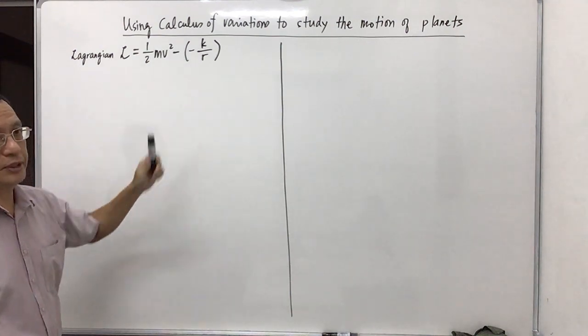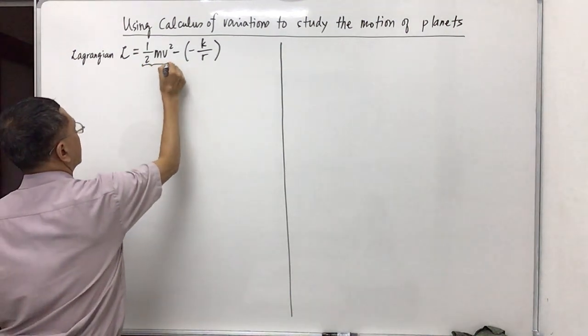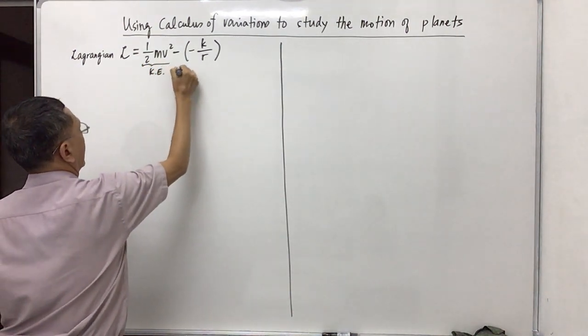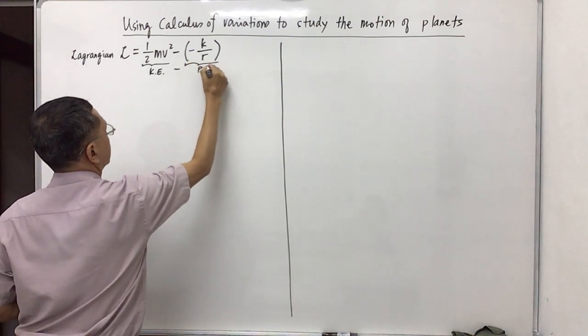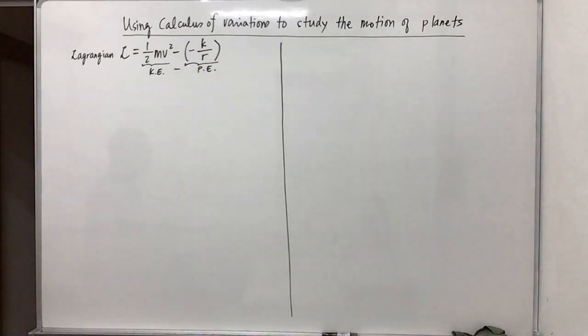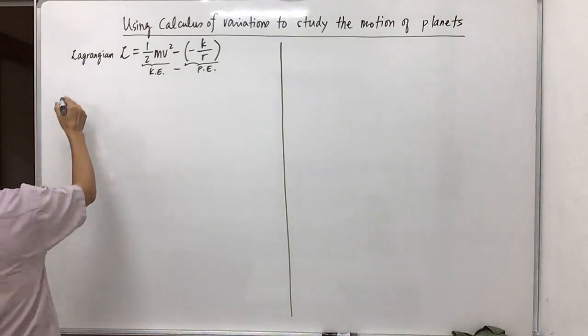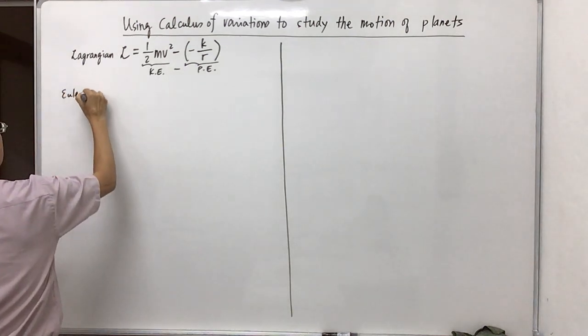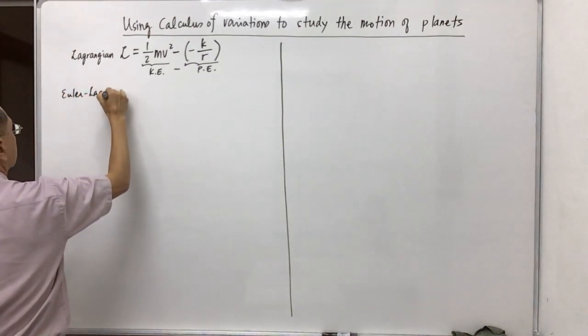KE minus PE, kinetic energy minus the potential energy. Now this quantity called the Lagrangian satisfies another important relation called the Euler-Lagrange equation.